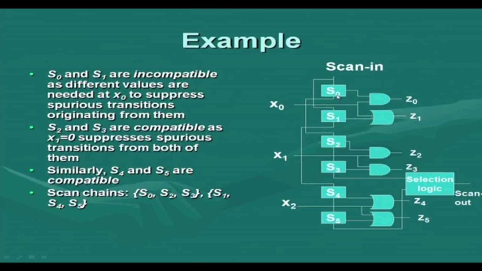S0 is feeding this AND gate, and S1 is feeding this OR gate. If we have a control so that we can mask off this scan cell result going to the circuit, since this is AND and this is OR, I cannot use a single value of X0 to suppress both the transitions at Z0 and Z1. One of them cannot be suppressed by setting X0. So S0 and S1 are incompatible flip flops.